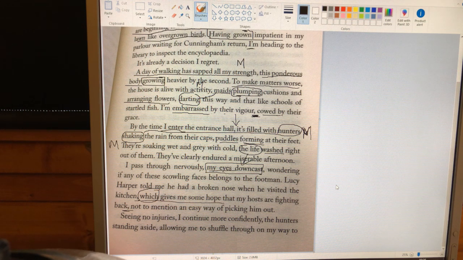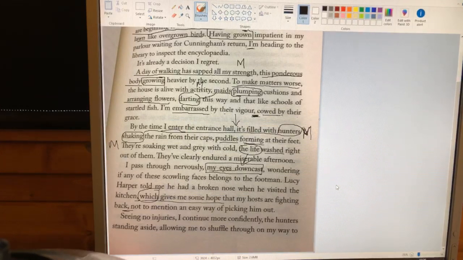If you take the comma out, it starts to sound like it gives me some hope that my hosts are fighting back, not to mention. They are fighting back in order, not to mention an easy way. Can you see how it starts to read differently? It starts to read as if my hosts are fighting back in order, not to mention an easy way of picking him out. And we don't want to say that.